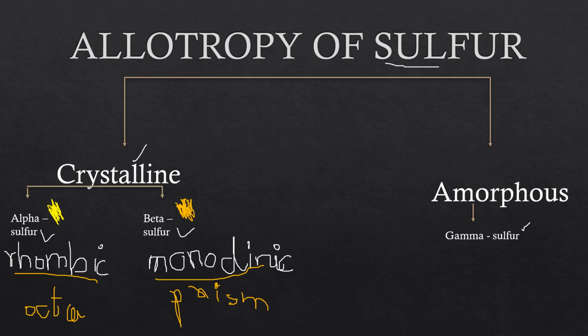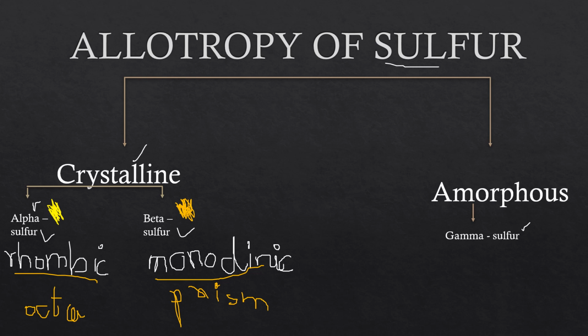Here we can see that these two are allotropes. The alpha structure is stable at room temperature, while the beta structure is unstable at room temperature. Here the physical properties have changed, but the chemical properties do not change. This is called allotropy.